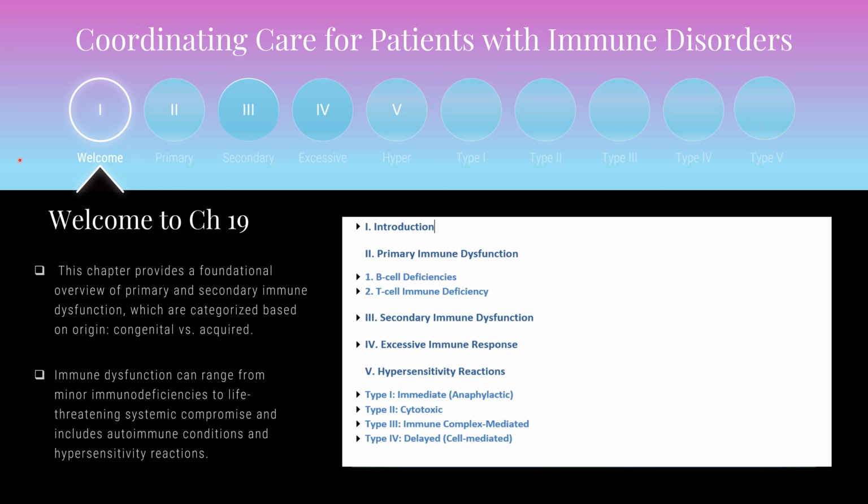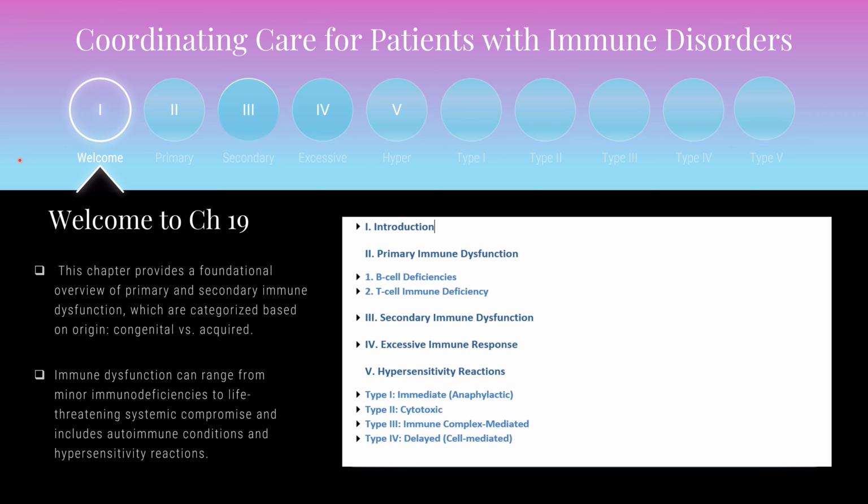So here is a short look at how the chapter is structured. One, it's the introduction. Two, it's primary immune dysfunction, which has B cells and T cells. Then three talks about secondary immune dysfunction.